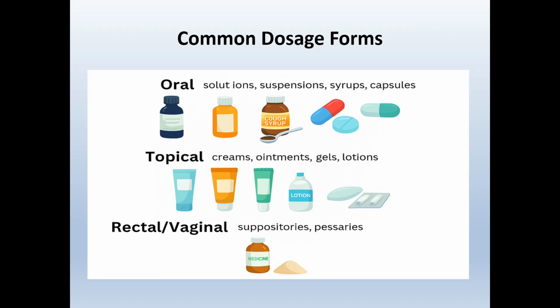For non-sterile compounding, the common dosage forms include oral, orally taking medications, like solutions. Solutions are those medications that are in liquid form. But the difference between solution and suspension, I'm sure you would get to know in some other courses.